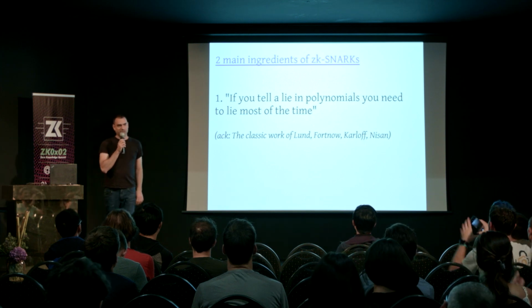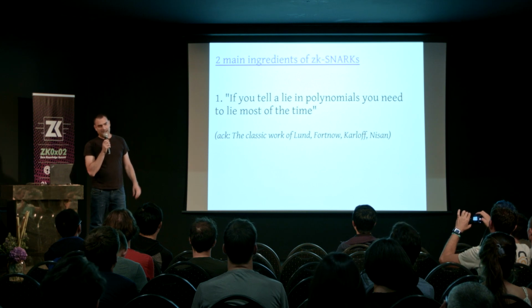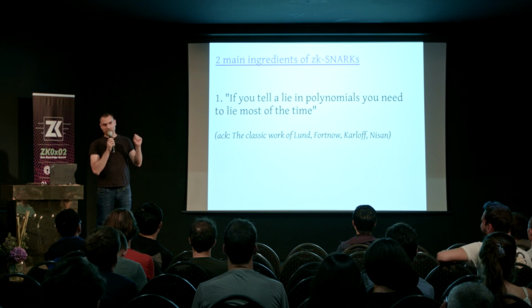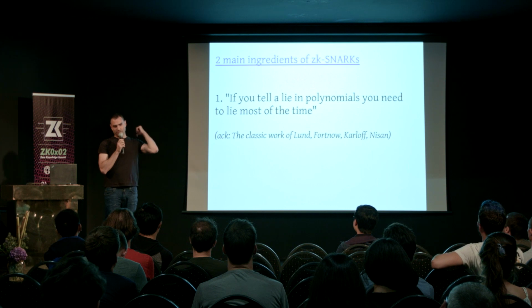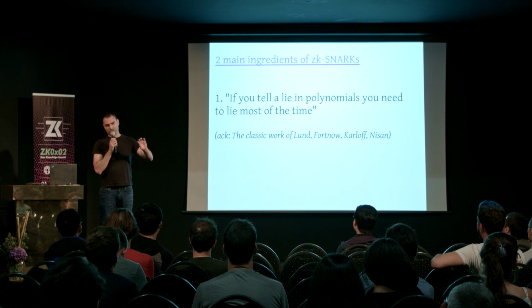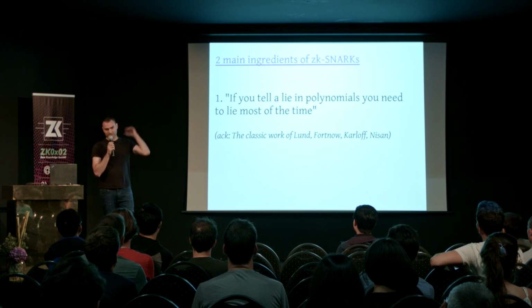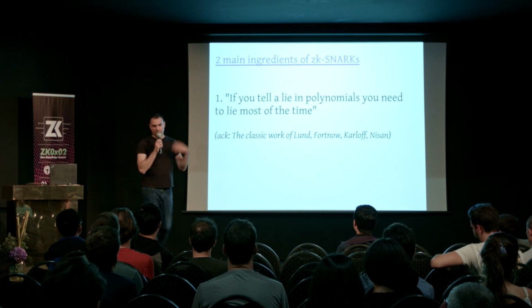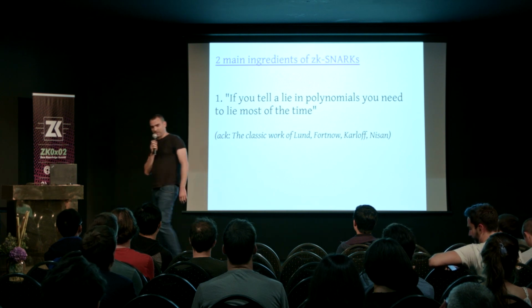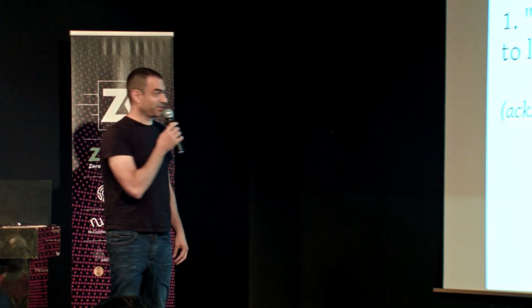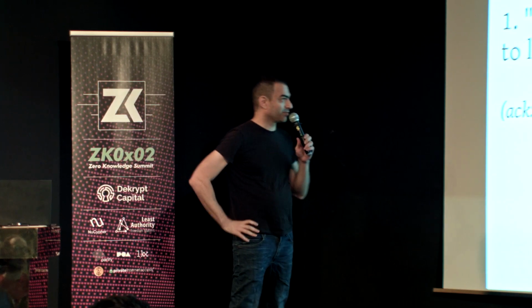It's an advanced crowd, so I can use that definition. It corresponds very closely to something Silvio Micali called computationally sound proofs in the beginning of the 90s, but SNARK is more tweetable and retweetable than computationally sound proofs.